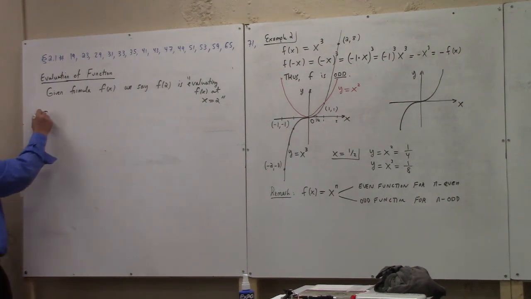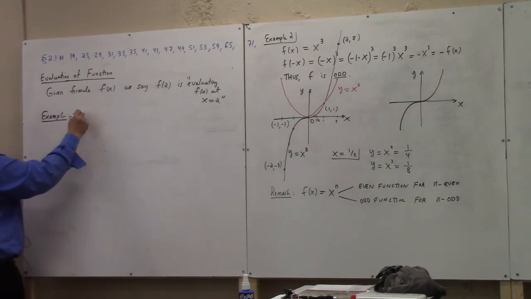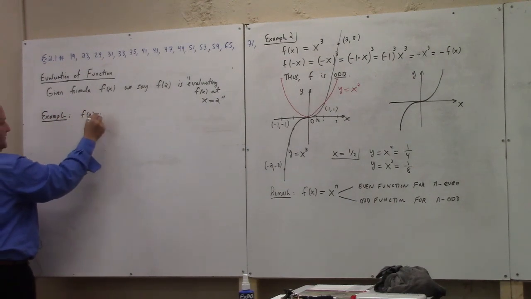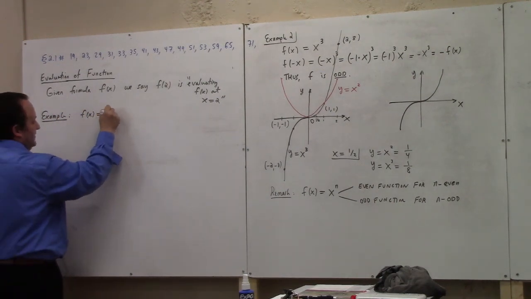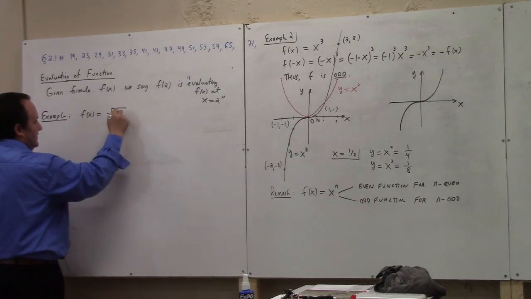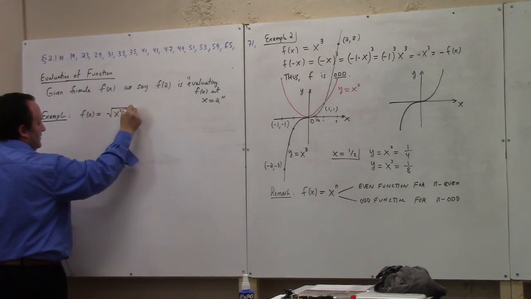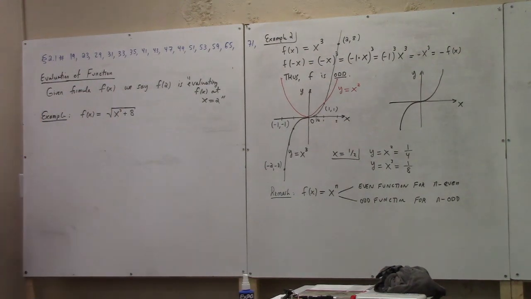So just an example to get us started here. Let's say we had f of x equal to the square root of x cubed plus 8, like that. All right?